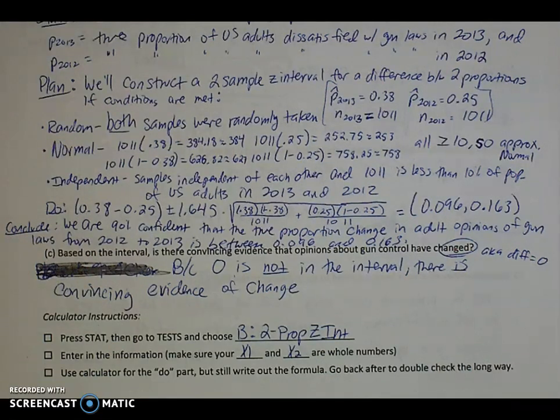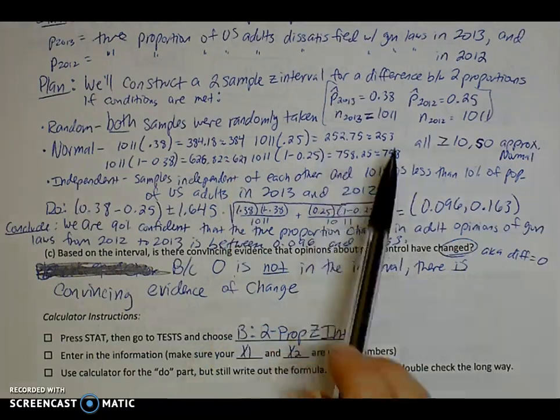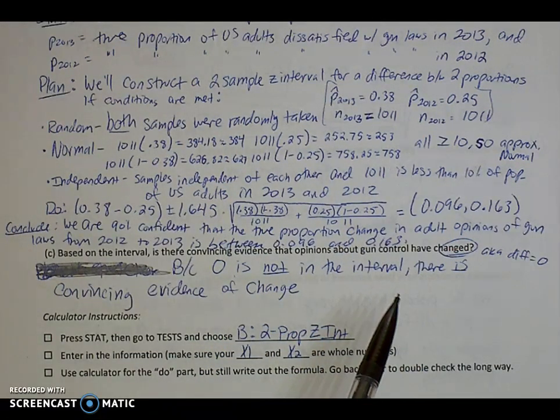You're going to enter in the information. Instead of using p-hats, though, you have to enter in the x's, right? x1 and x2. You have to make sure they are whole numbers, so that's important. That's one of the reasons why up here in the normal step, I rounded these to whole numbers, because if I were to do this in my calculator, those are the values I would have to plug in.